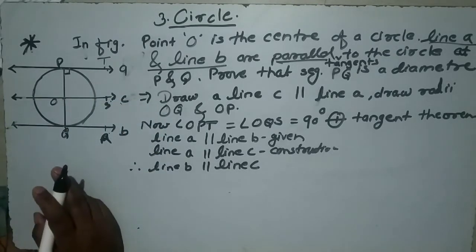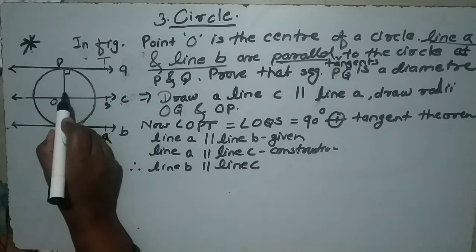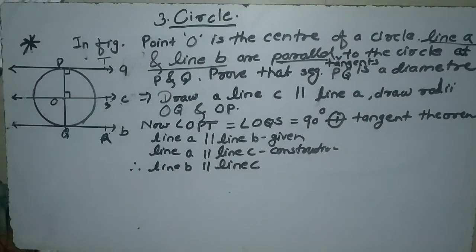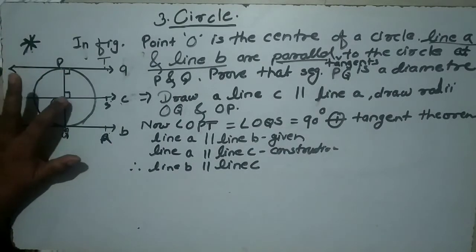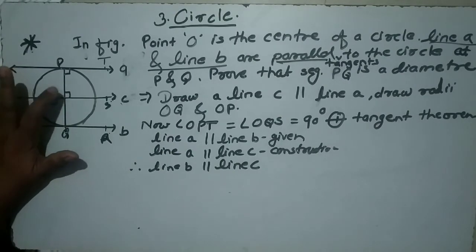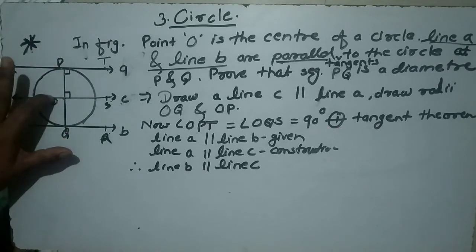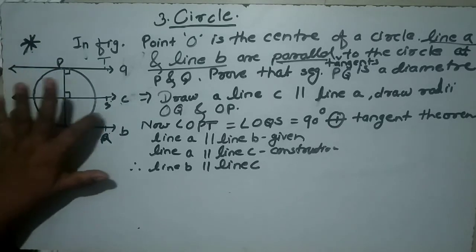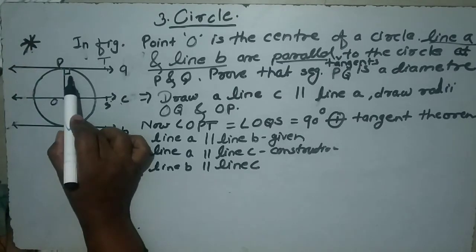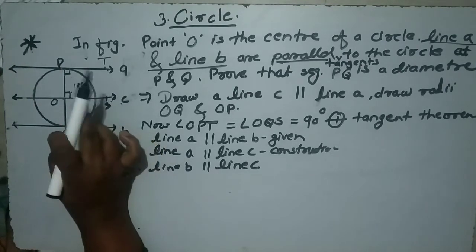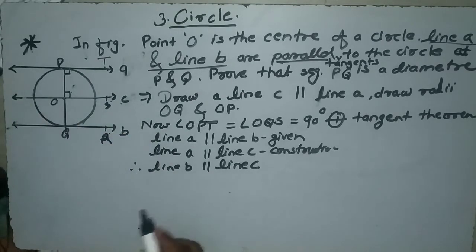Then angle SOQ. You know that if lines are parallel to each other, the sum of interior angles is 180. If angle OPT is 90, then angle POS is equal to 90, because the sum of both is 180.